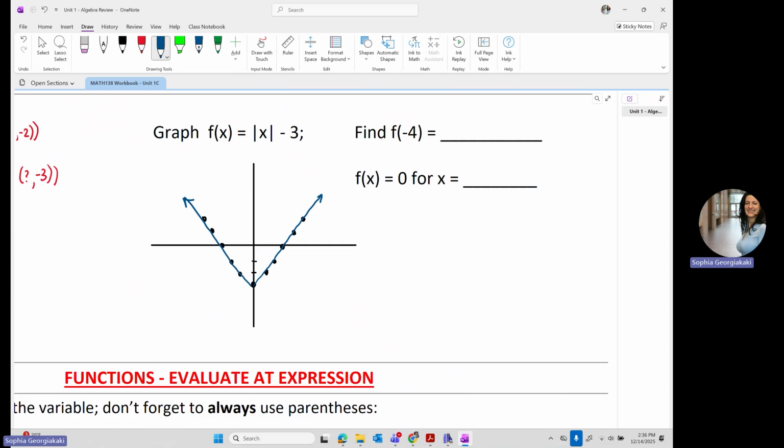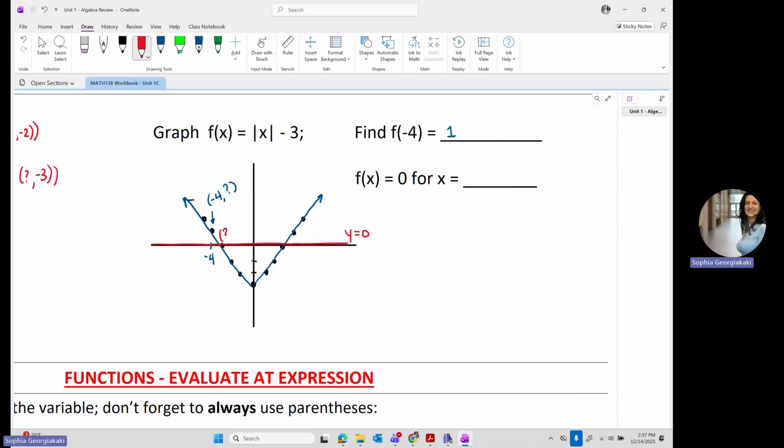So it says find f of -4. When x is -4, the point that I have here is the point -4 comma something. That's the question they are asking me. And that y was 1. When f of x equals 0, it means that y is equal to 0, and y equal to 0 is on the x-axis.